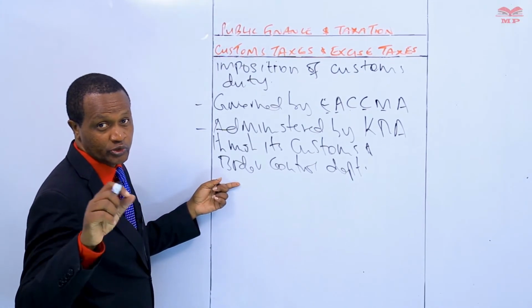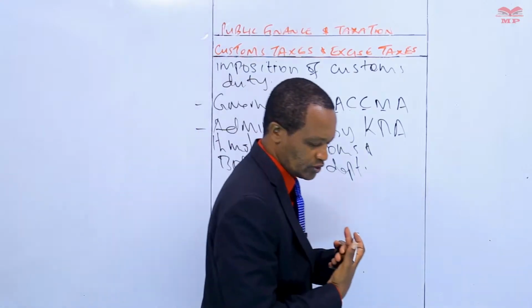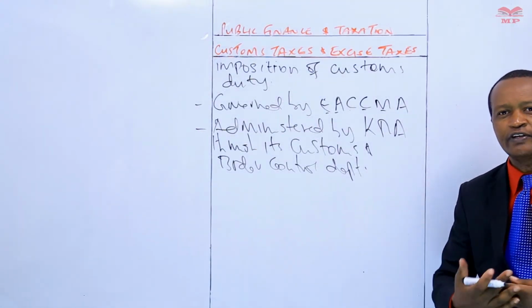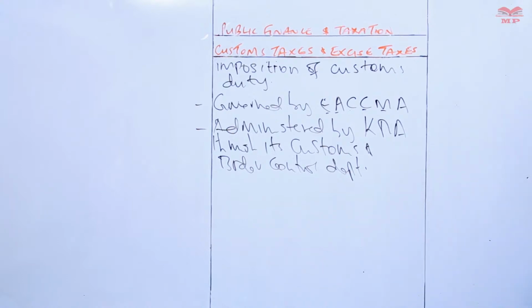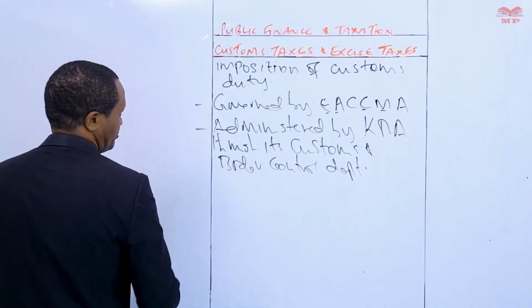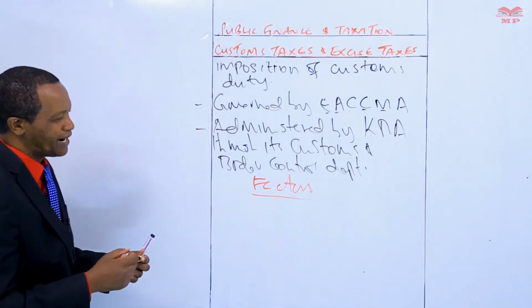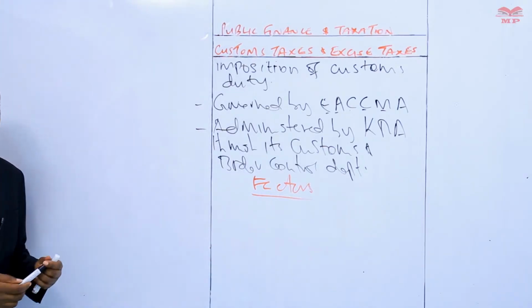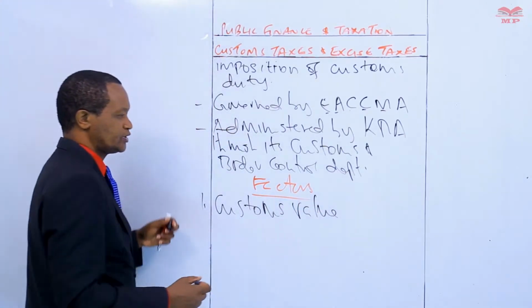Customs duty is levied on goods imported into Kenya, with the core objective being revenue collection for the government and the protection of domestic industries. The amount of customs duty payable is determined by several factors, one being the customs value.